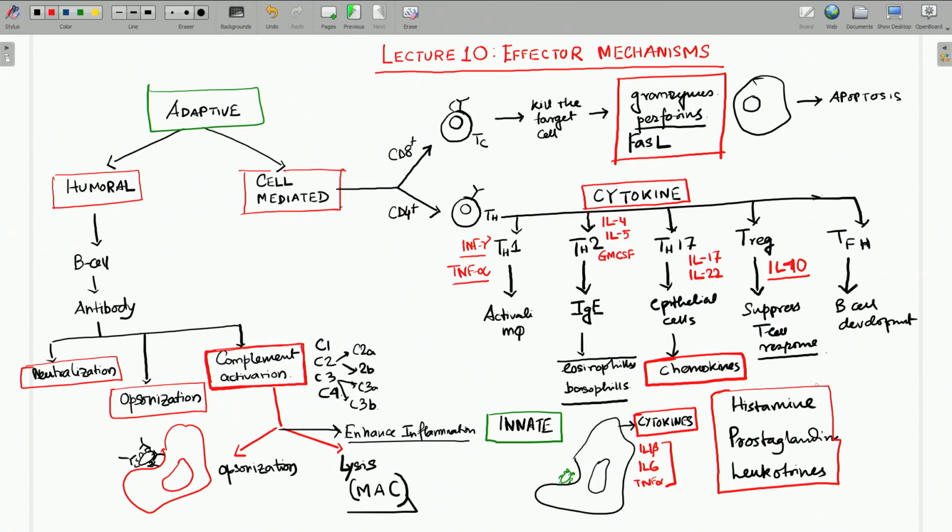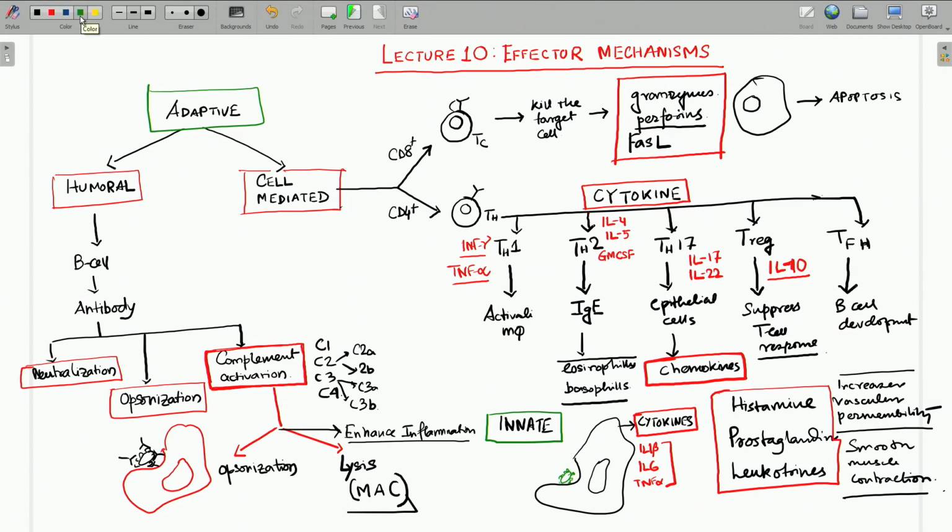What they do is increase vascular permeability, and they also lead to smooth muscle contraction. So, these are also effector molecules of the immune system that are mostly involved in the innate pathway.